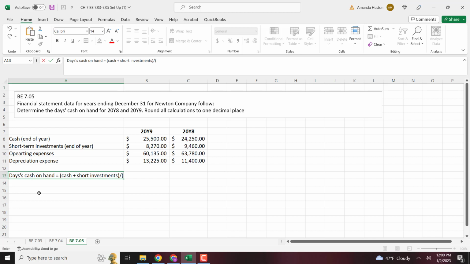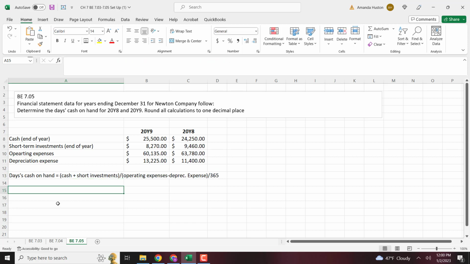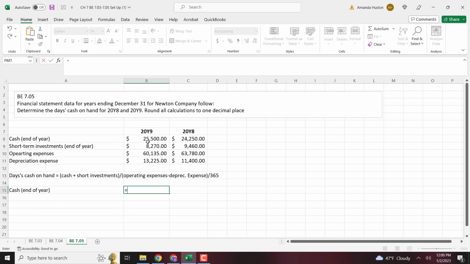Divided by operating expenses minus depreciation expense divided by 365. So what we're trying to calculate is if we're operating, how many days can we operate if we take in no more cash, right? So we have cash end of year. So we're going to take this information from above. So in 20Y9 and 20Y8.